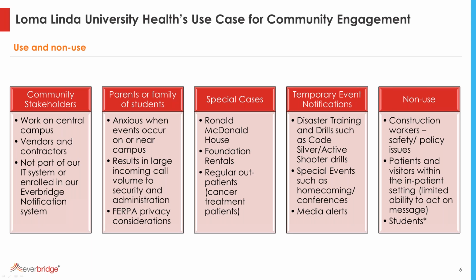We received a large influx of phone calls, both to our security dispatch center and to our administrative offices, from people wanting to know what's happening on our campus. Are we under attack? Are our students safe? Are my kids safe? It's really challenging because we can't provide information about a particular student.